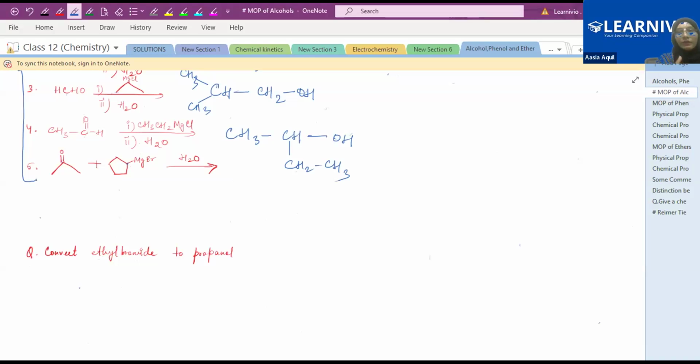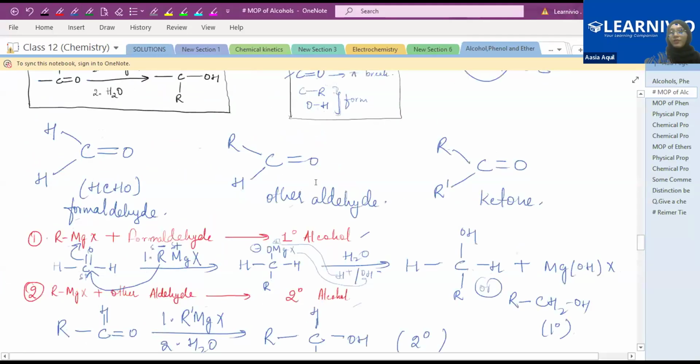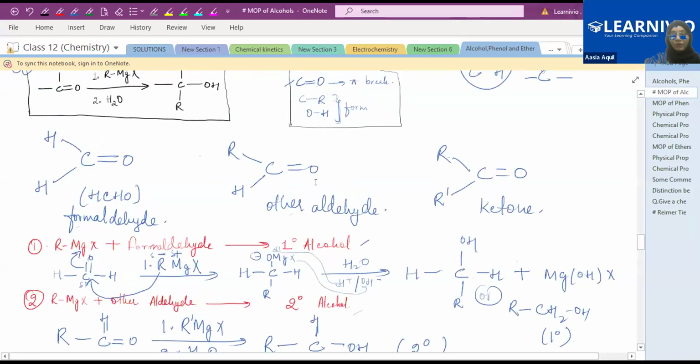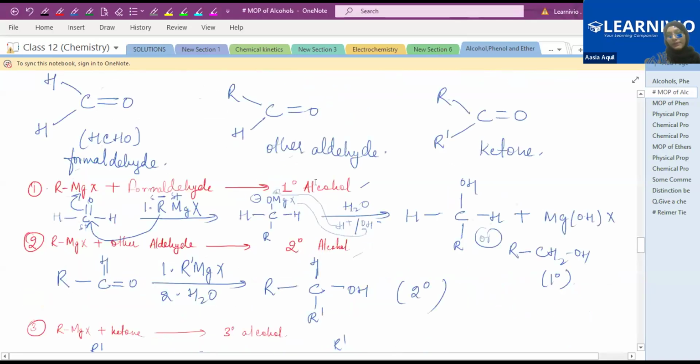When an aldehyde is treated with your Grignard reagent, it will give you the corresponding alcohol. When you treat formaldehyde, HCHO, with Grignard reagent, RMgX, you will always get a primary alcohol.